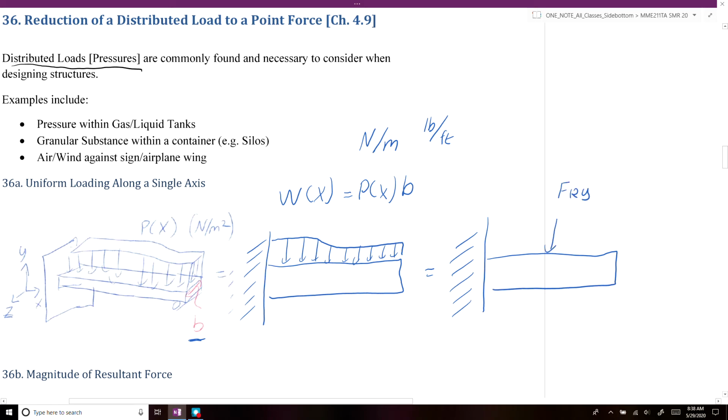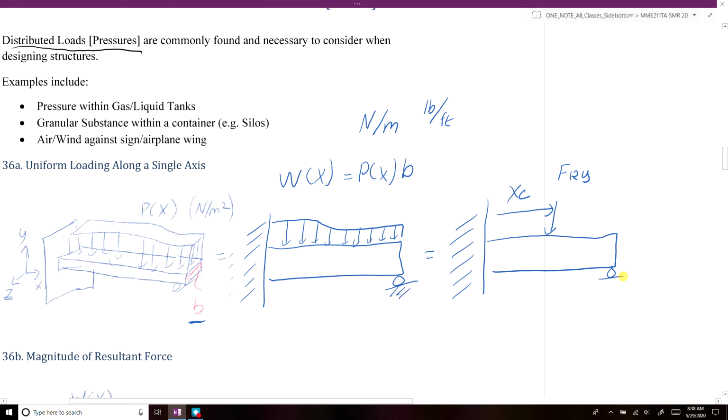We want to know where this force would need to be applied, at what point, which we'll call x of c, such that it would create an equivalent resultant moment and equivalent reaction force at our support.